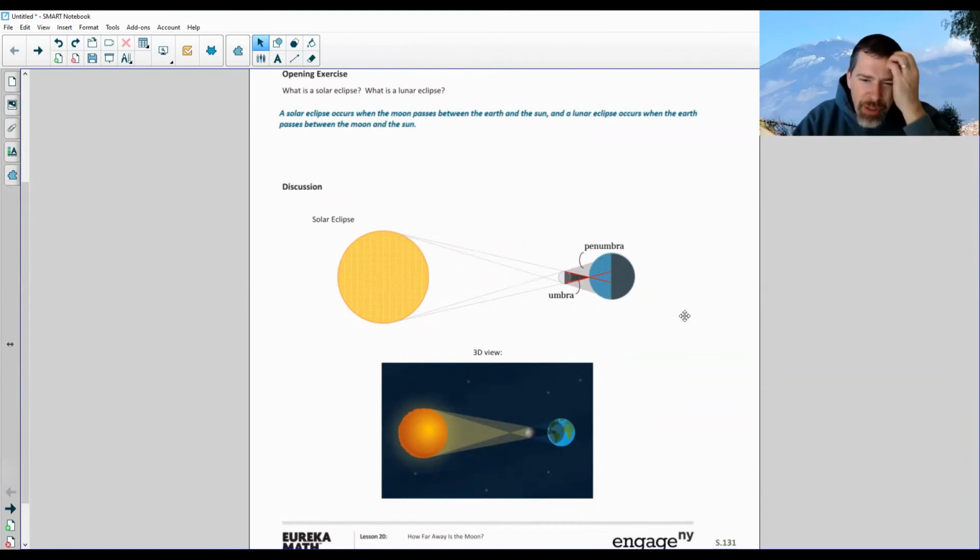So now we're going to use the moon and an eclipse to try to calculate how far the earth is from the moon. Let me read you a little bit here. It says, in lesson 20, which is this lesson, students learn how to approximate the distance of the moon from the earth.